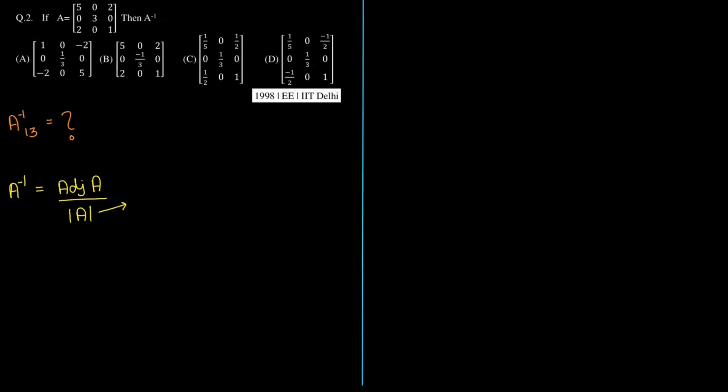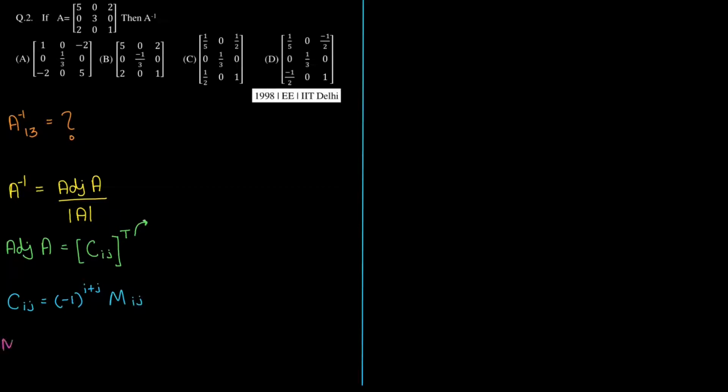Instead we will talk about the adjoint. I also explained that the adjoint of a matrix is basically the transpose of the cofactor elements. This is very important, that there is a transpose. And also I explained that the cofactor element is basically (-1) power i plus j times Mij.